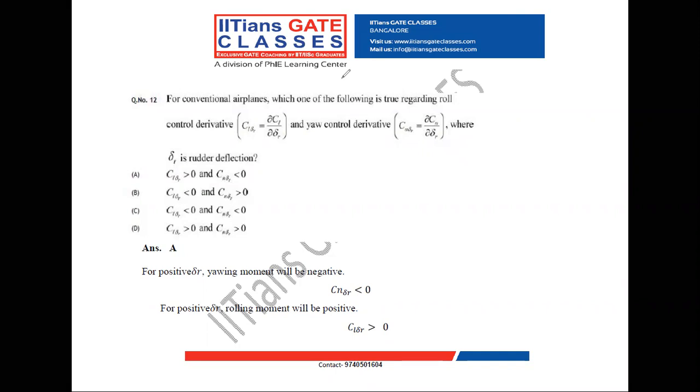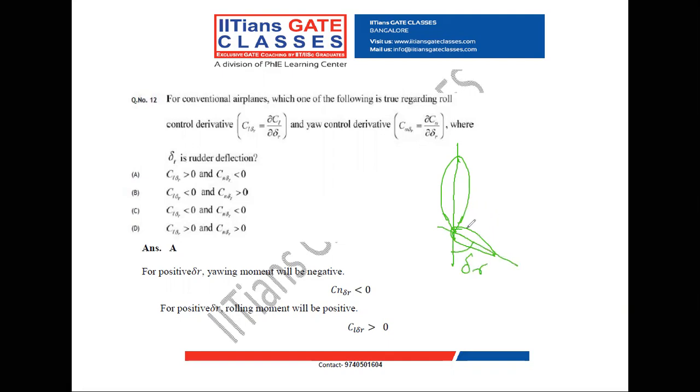This is the sign convention usually followed in the aircraft. So from the top view, consider this is the airplane. This is the rudder deflected towards starboard. So del R is the rudder deflection.